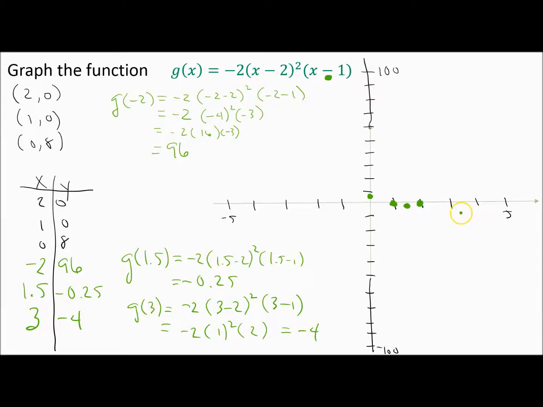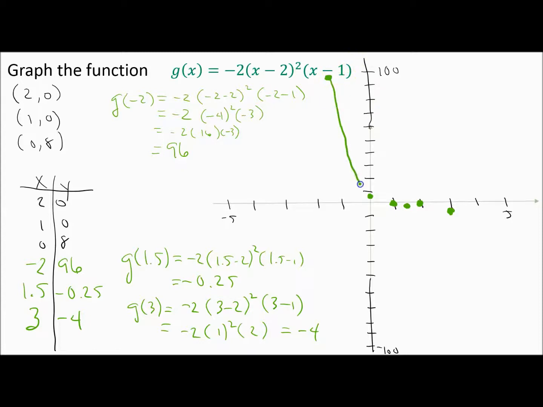And then at 3, I have negative 4. Honestly, it might have been better to plug in negative 1, and I would have gotten a smaller value, and I wouldn't have to scale this with such big values in between, but we still get a good looking graph.